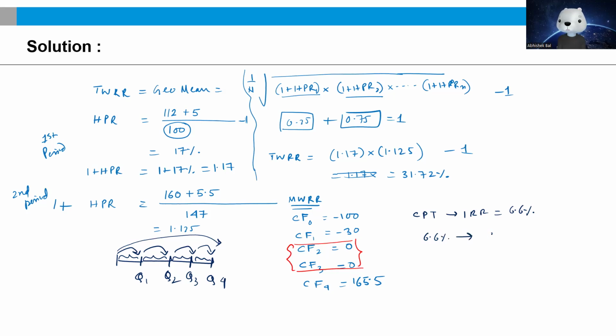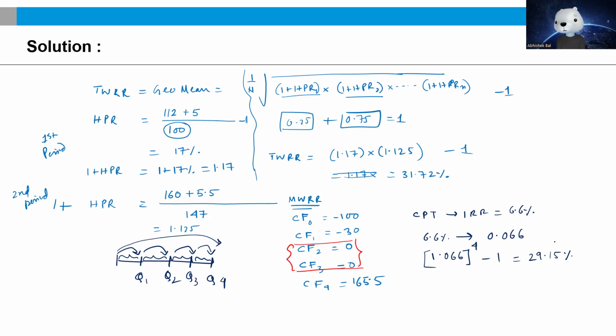So this becomes 0.066. Add 1 to that so that this becomes 1.066. Raise it to the power 4. And then deduct 1 from it.